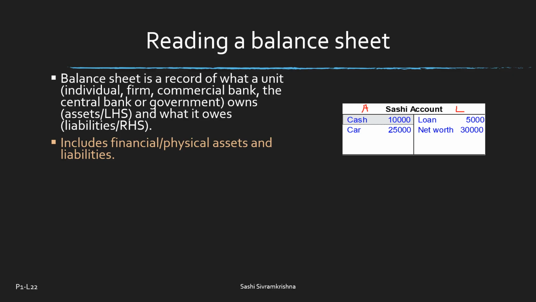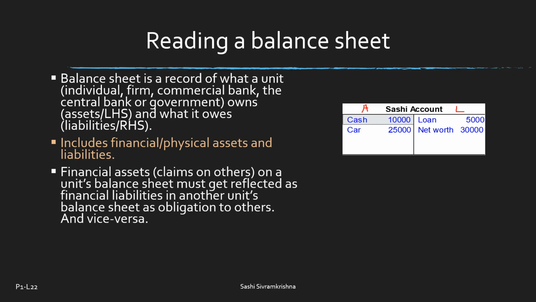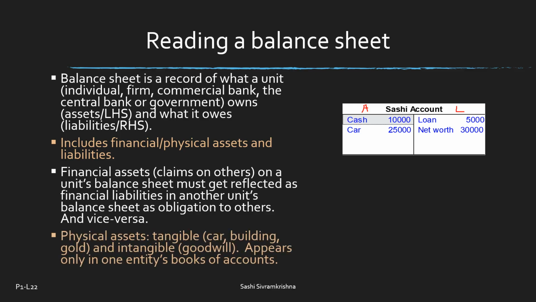Cash is a financial asset and therefore it must appear as a financial liability in someone else's books of accounts. In this case, cash would appear as a financial liability in the books of accounts of the central bank. Car is a physical asset and therefore does not appear in anybody else's books of accounts. The liabilities consist of loans.